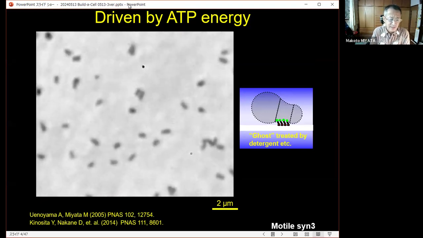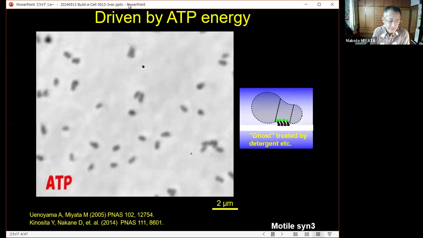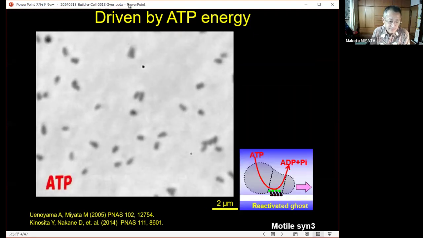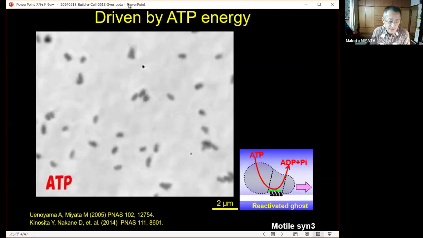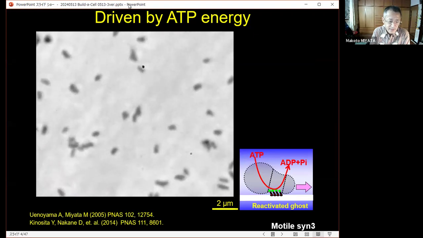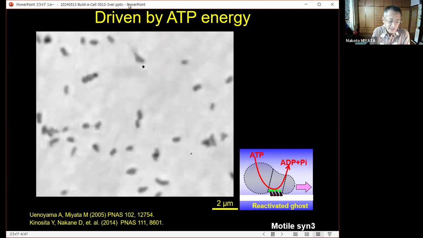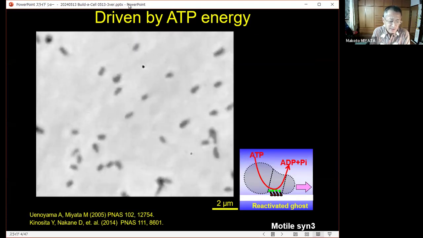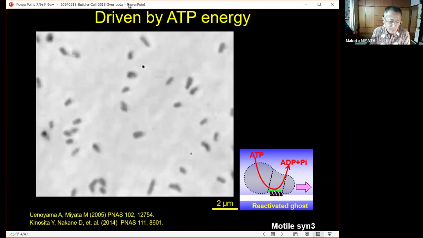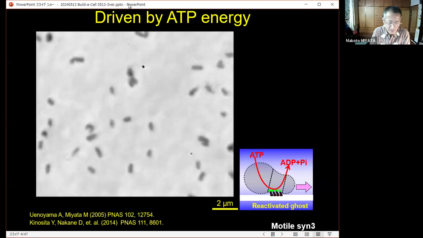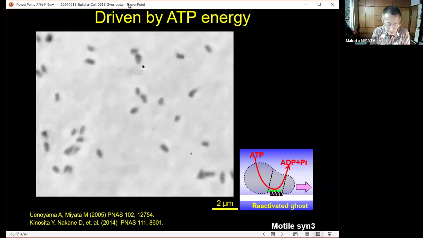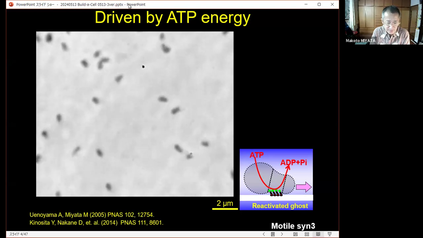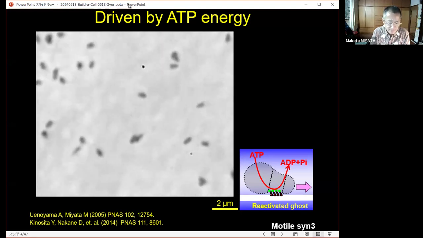Then we added ATP. In just 5 seconds, they restarted gliding motility with the original speed. So we concluded that the direct energy source of this system is ATP.